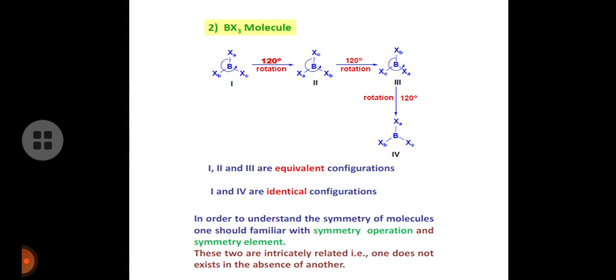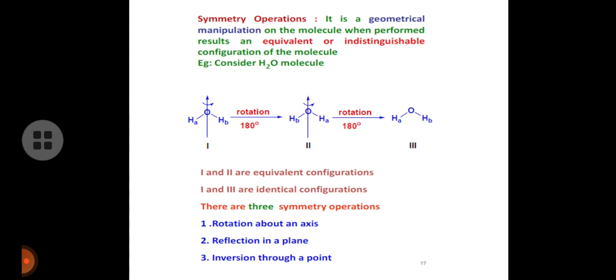In order to understand the symmetry of molecules, one should be familiar with symmetry operations and symmetry elements. These two are intricately related; one does not exist in the absence of the other. A symmetry operation is a geometrical manipulation on the molecule which, when performed, results in an equivalent or indistinguishable configuration of the molecule.